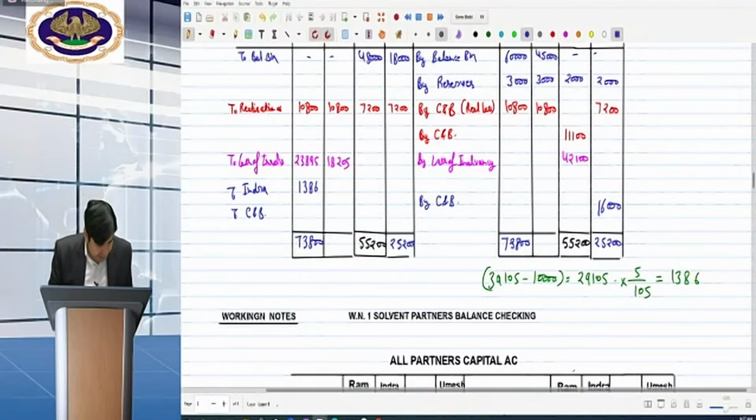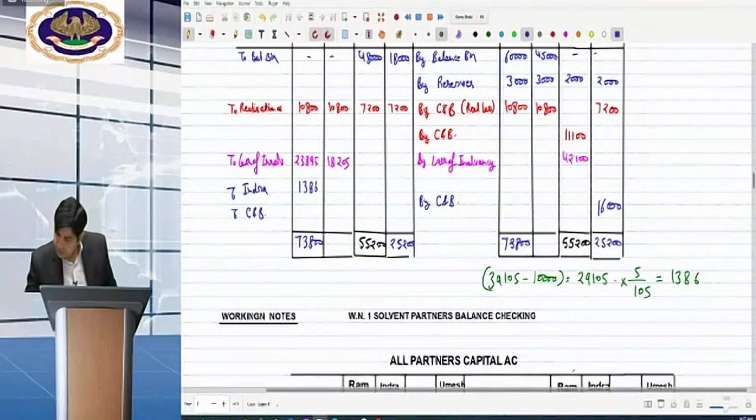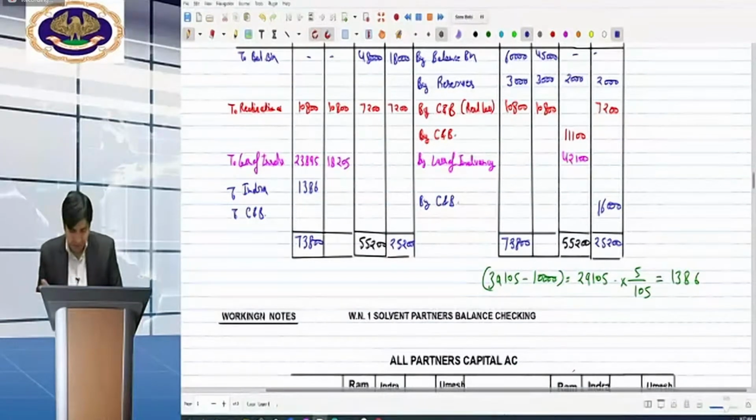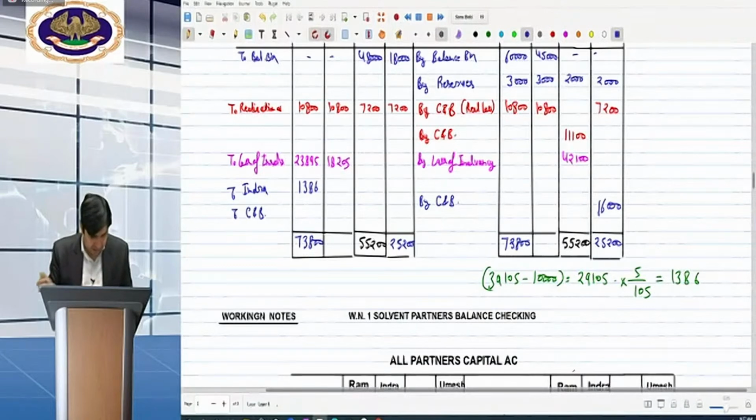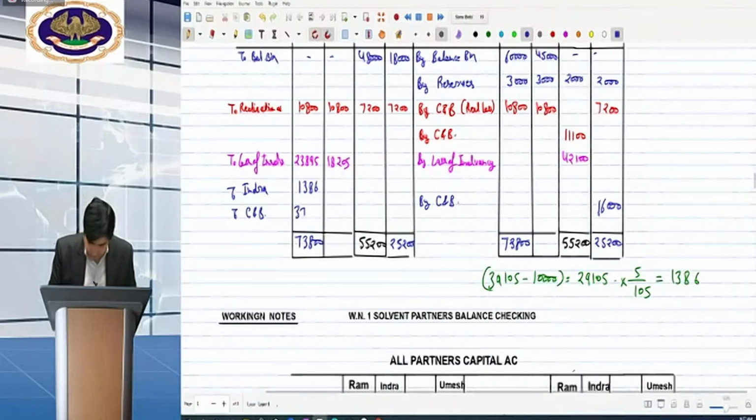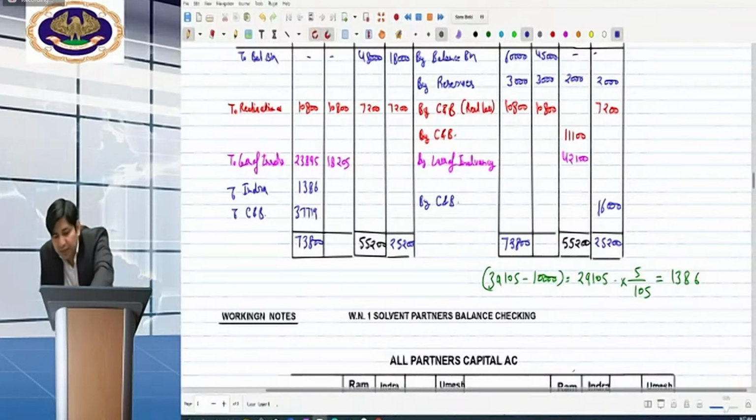So what is the amount? 29,105 multiplied by 5 divided by 105, that is 1,386. 39,105 minus 1,386, that is 37,719. Beta, is this okay?